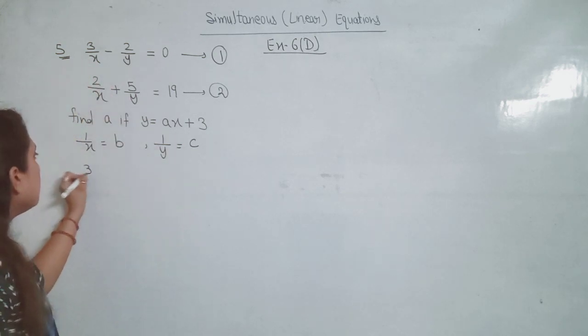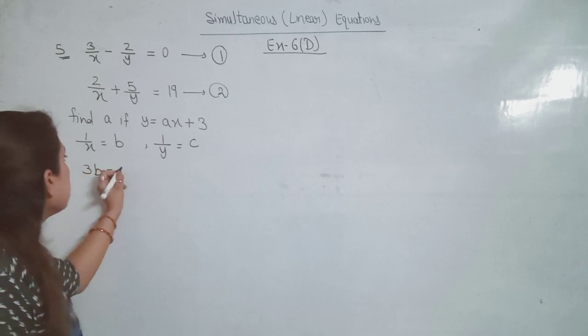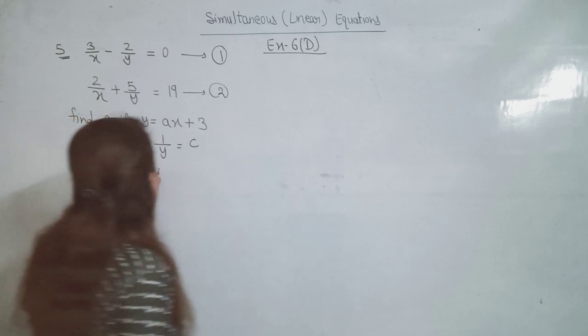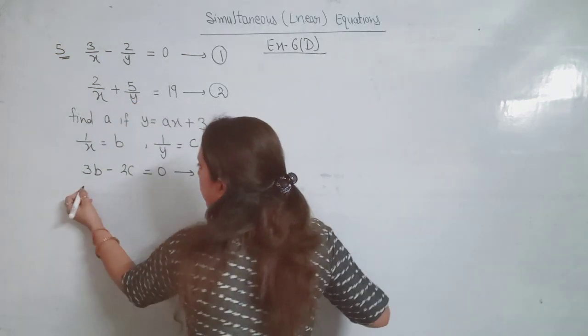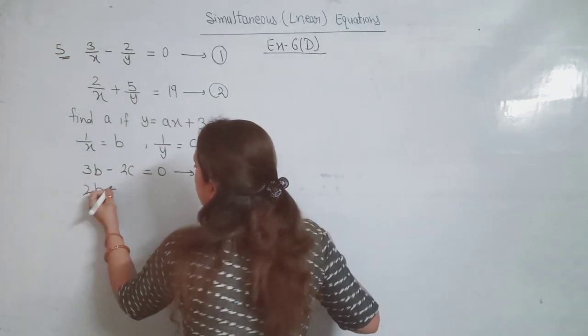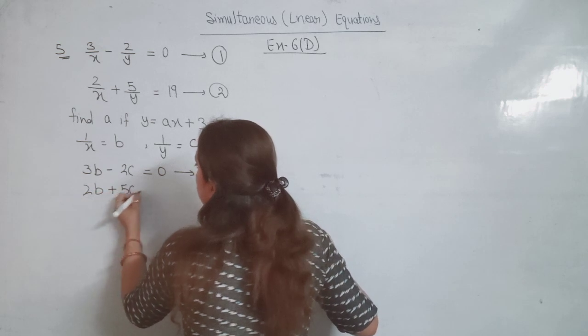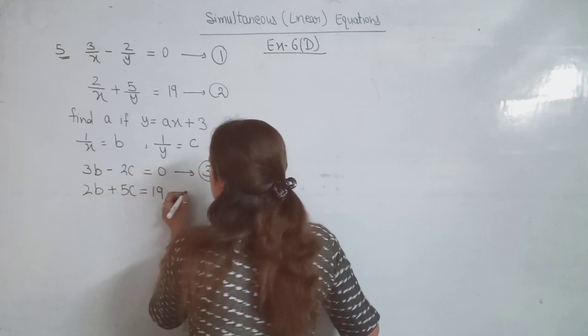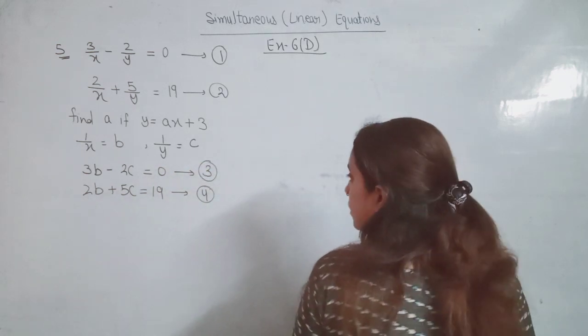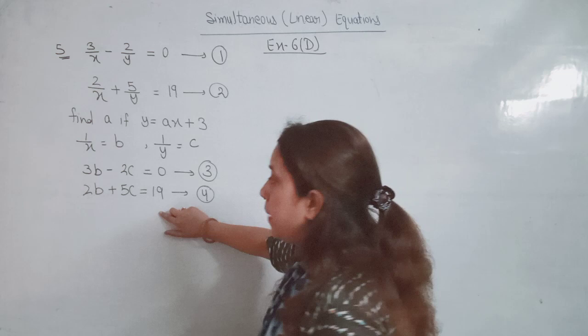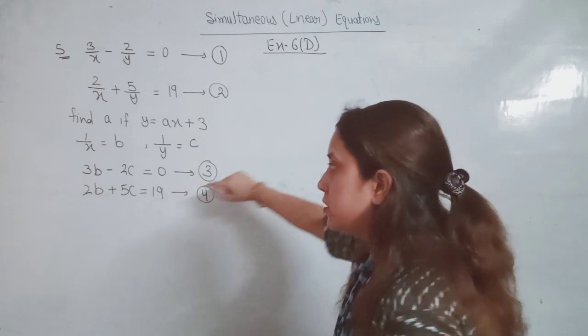So it will be 3b - 2c = 0, equation 3, and 2b + 5c = 19, equation 4. Now here I am using the method of equating the coefficients.